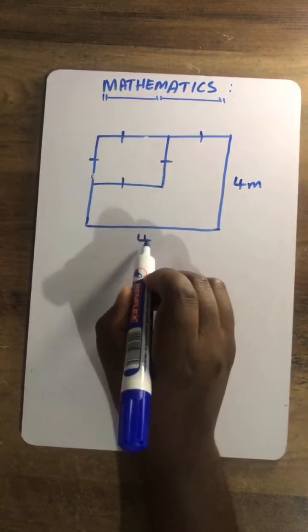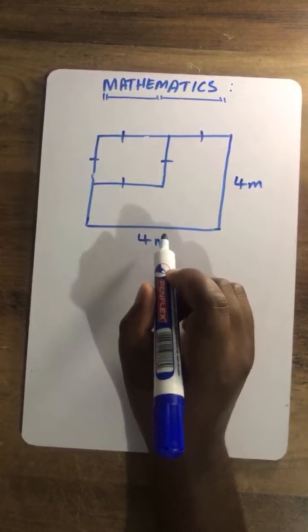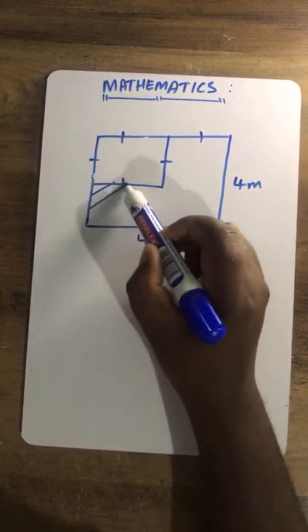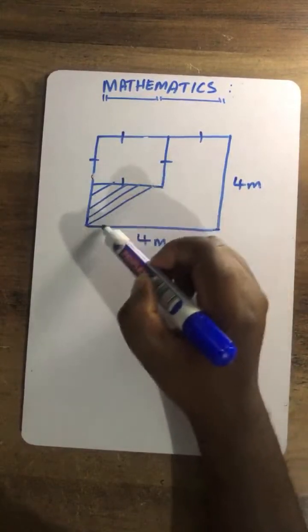And we have 4 meters there, we have 4 meters here. Calculate the area of the shaded part in there. So they want you again to calculate the area of the shaded part.